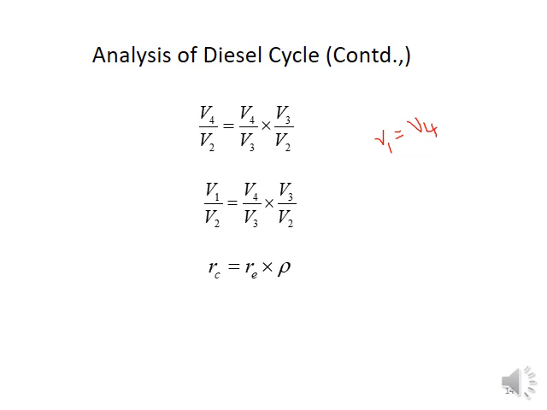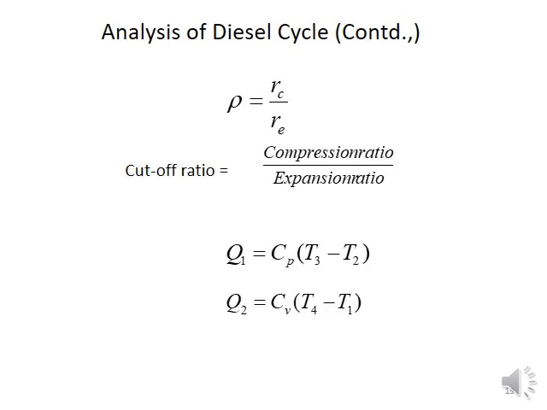It is defined as the ratio of compression ratio to expansion ratio: rho is equal to rc by re. And Q1 is the heat supplied, which we supply at constant pressure. Heat supplied we denote with Q1.